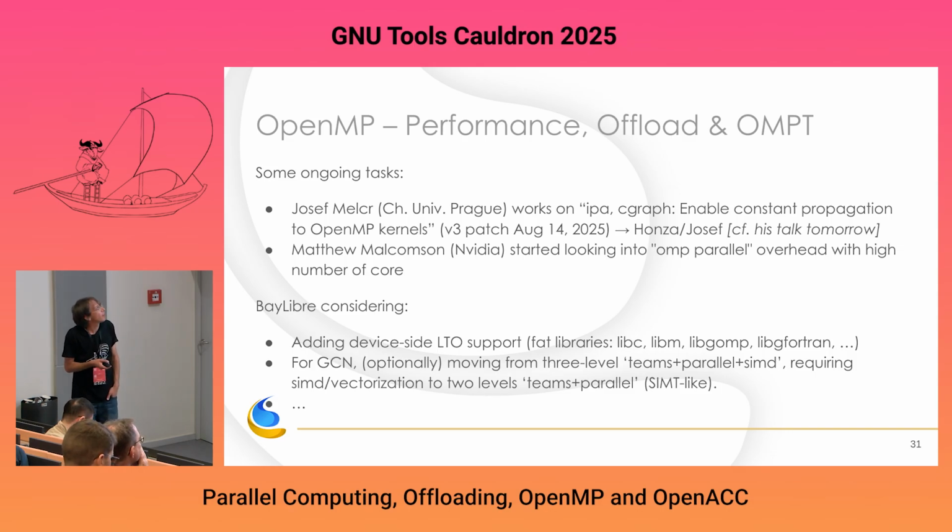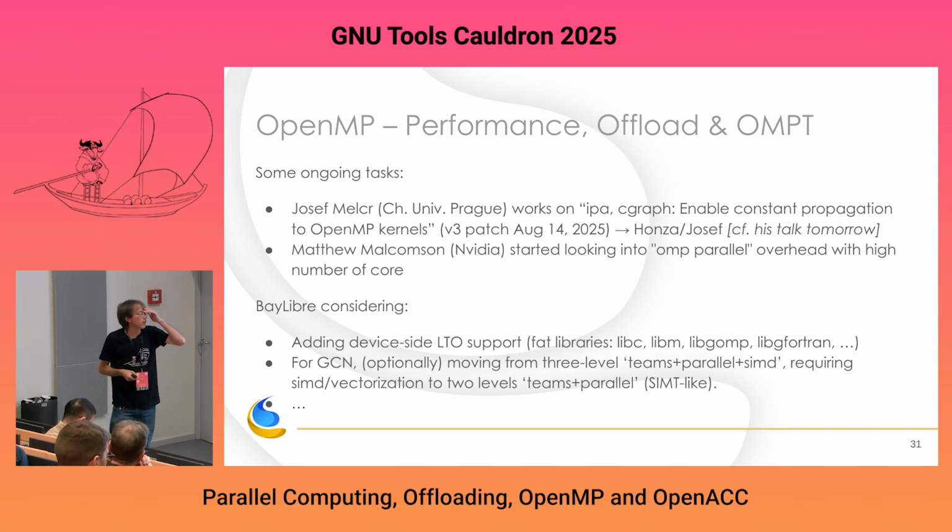So Josef, who gives a talk tomorrow, who's a student of Honza, looked a bit into the IPA one, because a lot of the pattern is you have some code section, which can be a region before, which you put in a separate function, which you either handle for the parallel region on the host or putting on an offload device and so on.